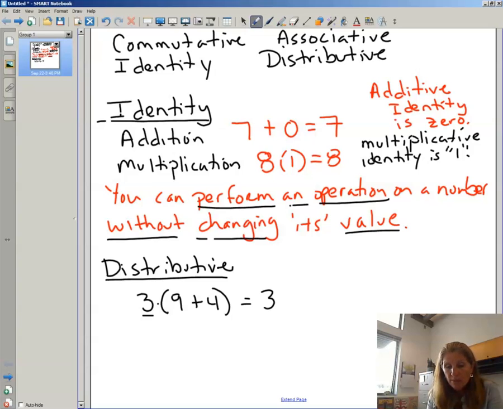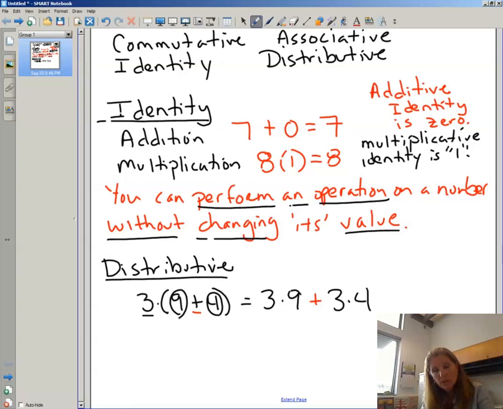So we could take 3 times 9 and then, because it's addition, we would add, and then we would take 3 times 4. So I have the 9 and the 4 that I'm going to multiply by separately. And those two things are equal.